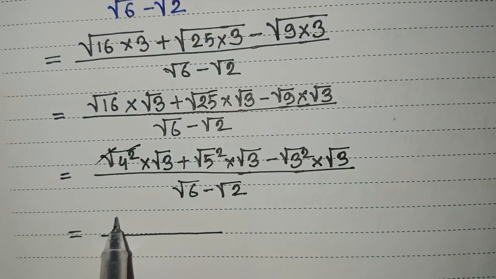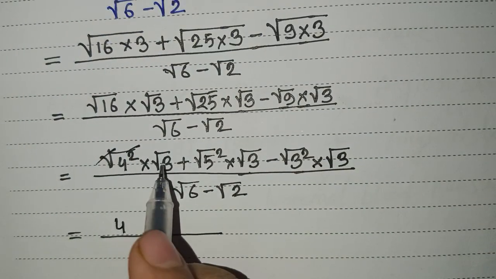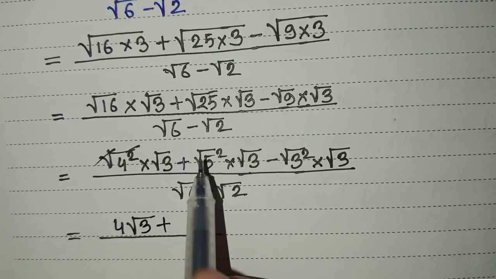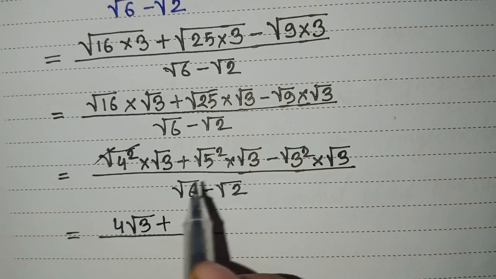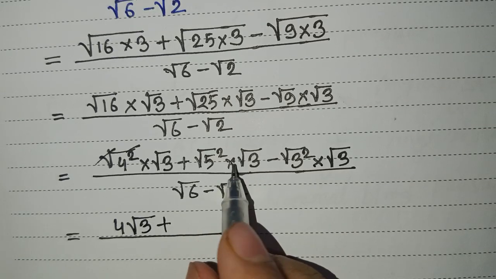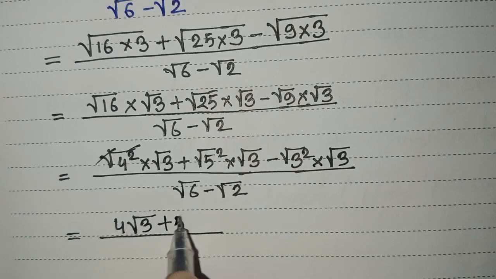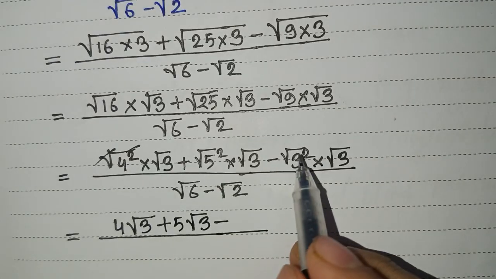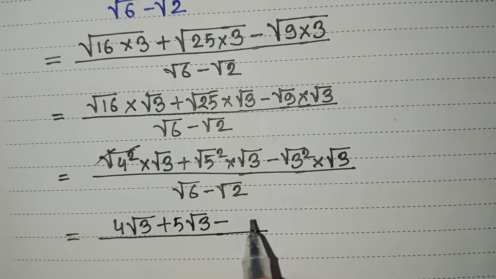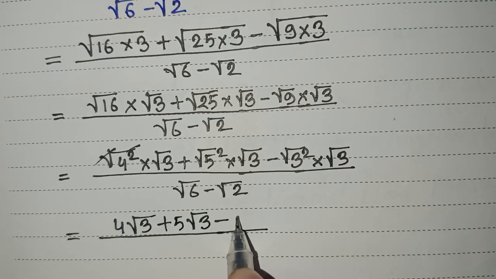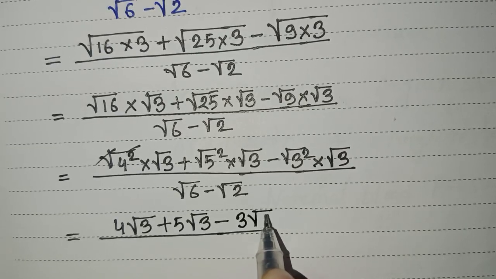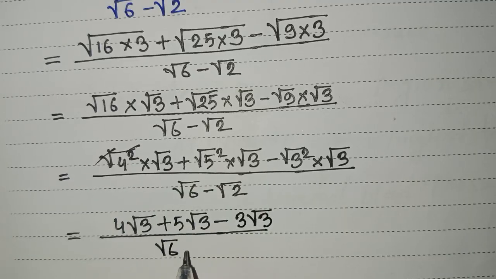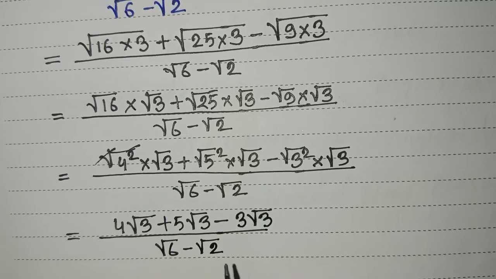Root and square cancel out. Here we have 4 times root of 3 plus root and square cancel out, we have 5 times root 3, minus root and square cancel out, we have 3 times root of 3 all over root of 6 minus root of 2.